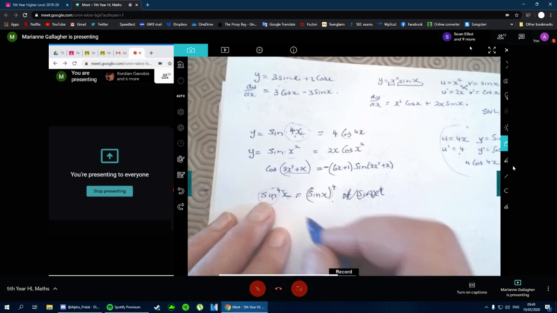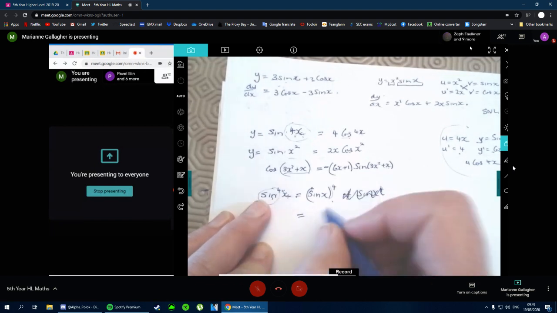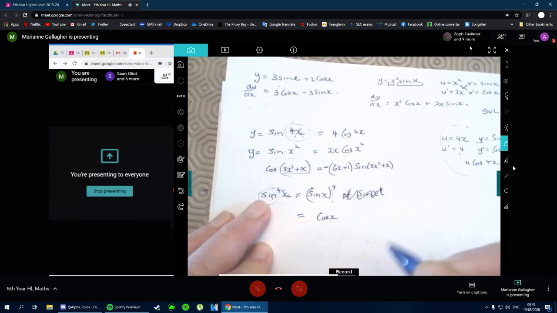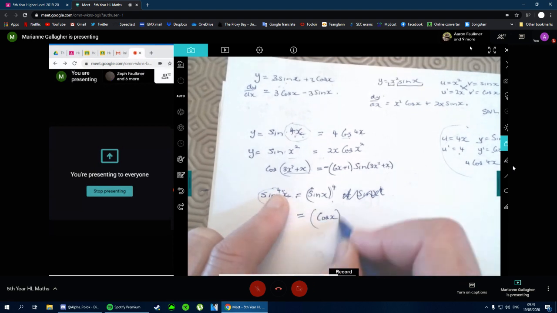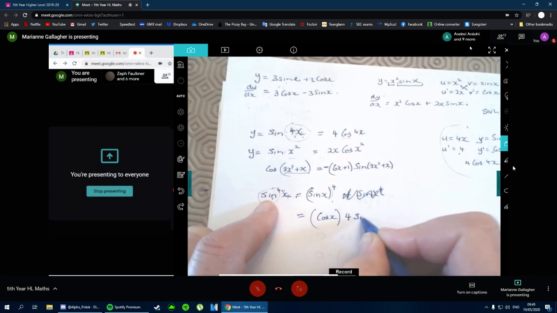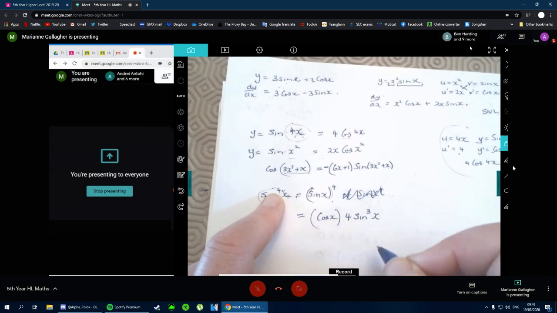So now my first function here would be sine x, and the derivative of sine x is cos x. My second function is to the power of 4. So when I differentiate that, I bring down the power. I still have whatever this is, which is sine. Then my new power is 3, because 4 minus 1 is 3, and I still have the same input.